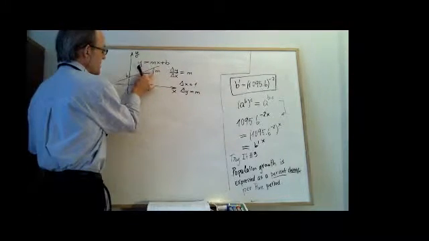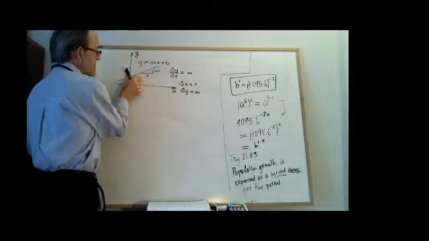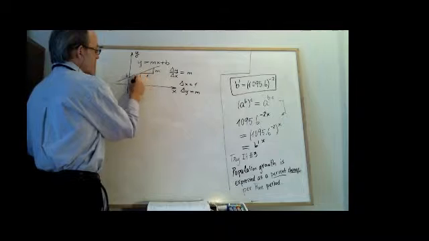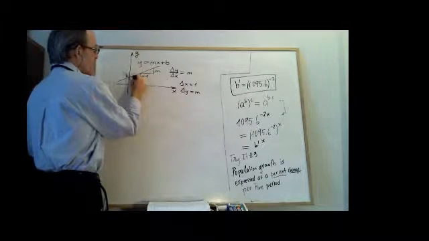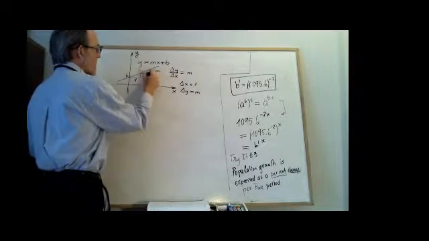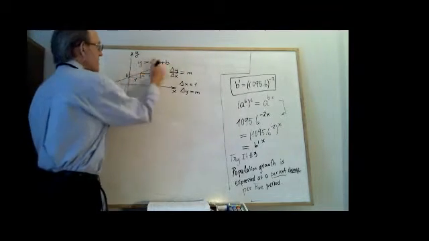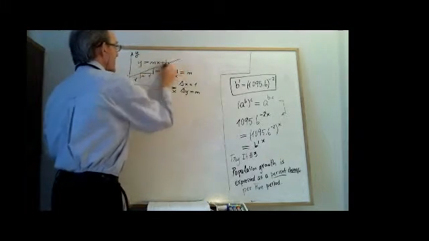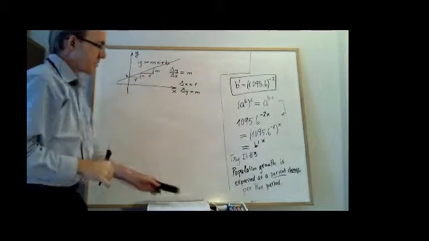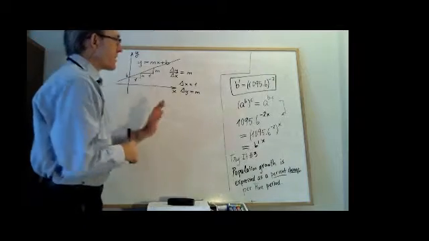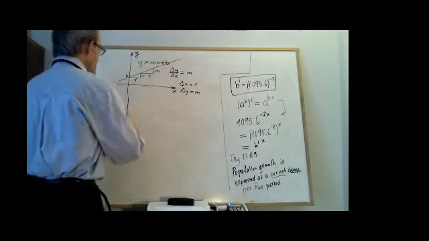Here I've shown a change over here, but I could have easily shown the change to be over here, and I would have gotten the same change in y, the m. Okay, so you could shift this little triangle anywhere along the straight line, and it will represent the slope of the straight line anywhere.